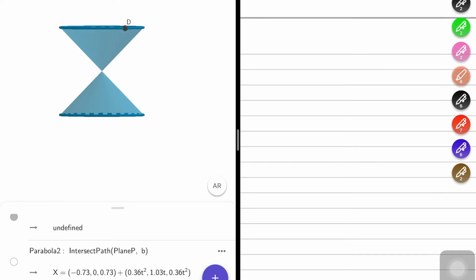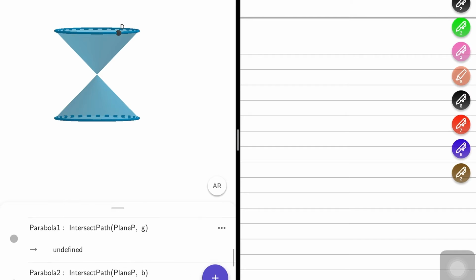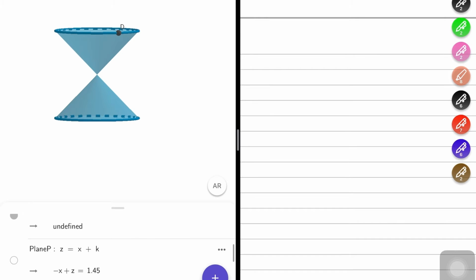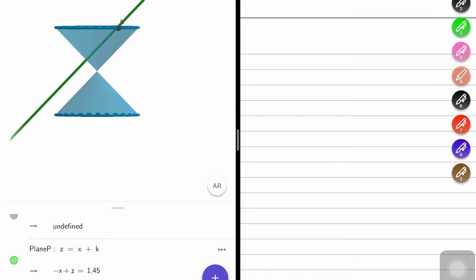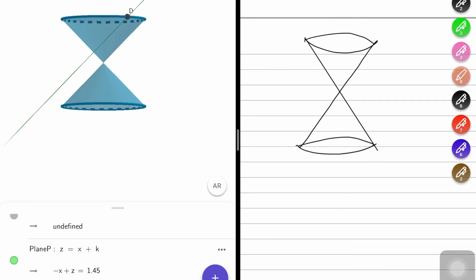Okay, so this is a cone. Now we will have a cutting plane. So just the plane is like this. Now we observe clearly that the plane is parallel to the generator. This is the cutting plane and this is the generator. This is defined by alpha, this is defined by beta.